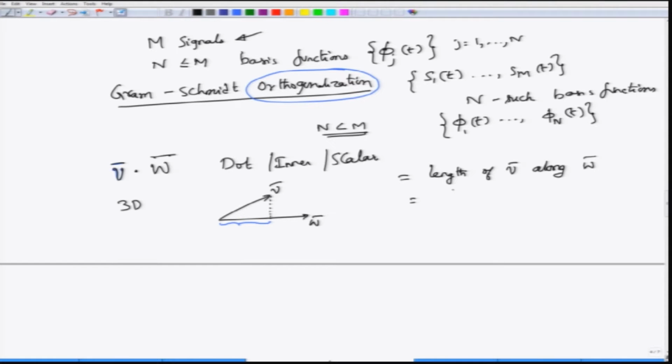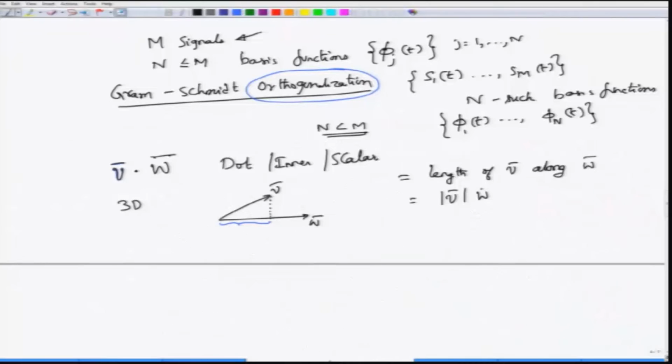In physics or electromagnetics textbooks, you would find this as magnitude of v into magnitude of w cos theta vw, where theta vw is the angle between the vectors v and w. The geometric notion is that by performing the dot product, you are able to find the length of the component of v along w, but this is just the length.